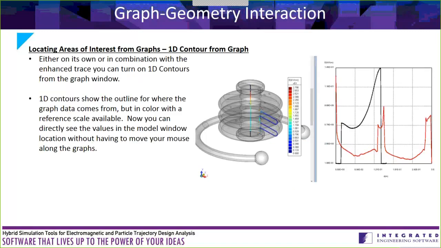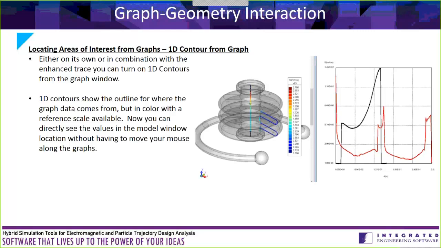Besides that, we also created a new type of contour plot in this version, and we made them interactive with the graph. So if I make a 1D contour, then I can present it either as a graph on the right or as a 1D contour or as both. For the two graphs that I created there, I can turn on 1D contours, and now I see colored right in the geometry the same information as appears on the graph.